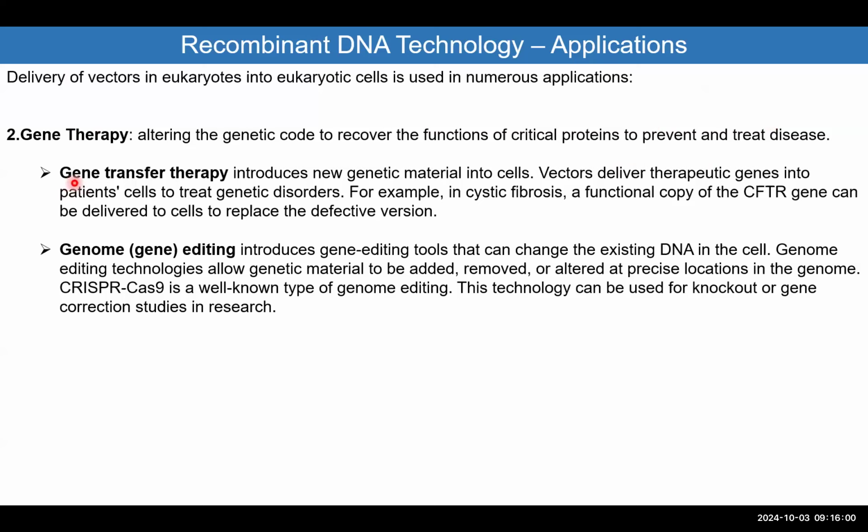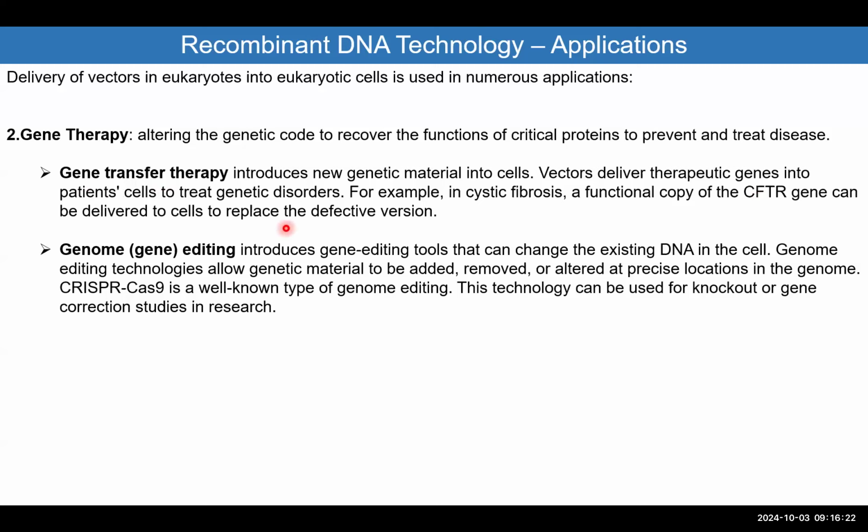The first one would be gene transfer therapy, and in this case, you are introducing a gene into a cell. And now the vectors that you are introducing would be correcting a certain function within a gene.